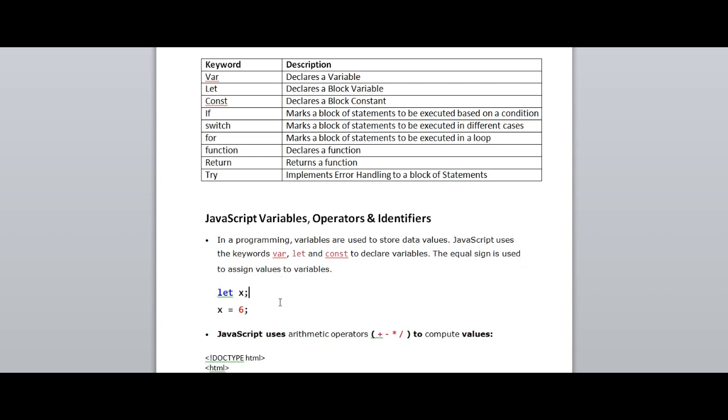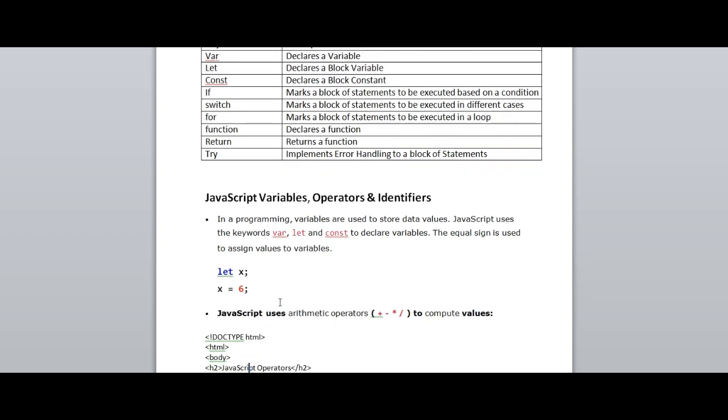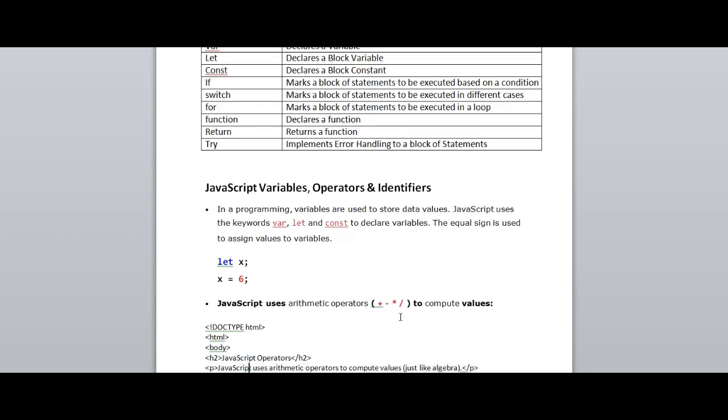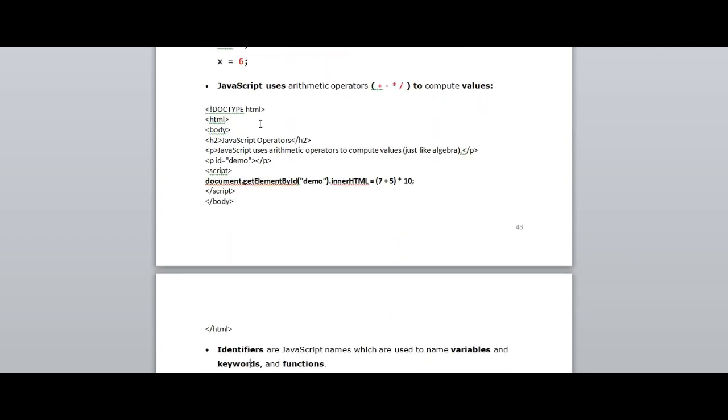Now let's look at an example. JavaScript uses arithmetic operators, your normal mathematical operators like plus, minus, asterisk for multiplication, and slash for division, to compute values. Now look at this code here. Doctype, HTML, JavaScript.